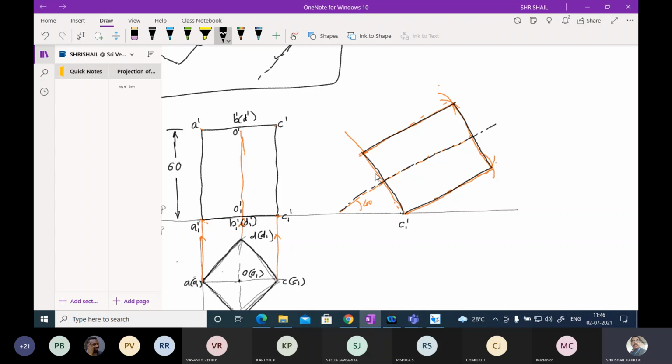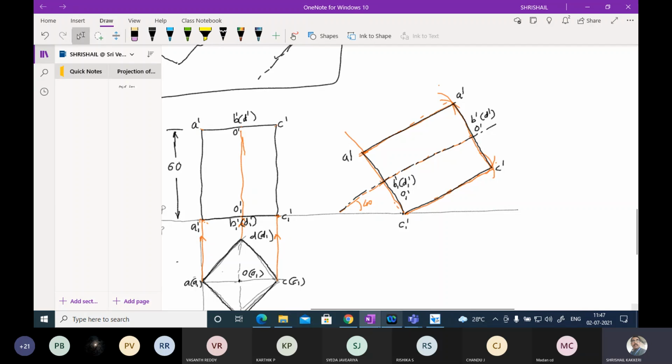C1 dash, B D, that is B1 dash, D1 dash, O1 dash, and this will be B dash, D dash, O dash, and similarly this will be point C, C dash, and this will be point A dash, and this will be point A1 dash. Any problems are there? Please ask me up to here.